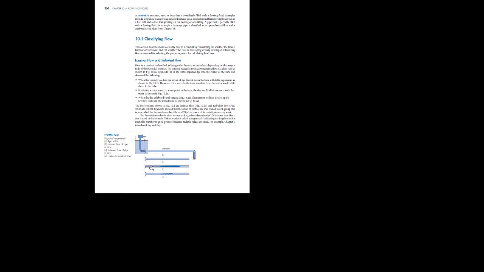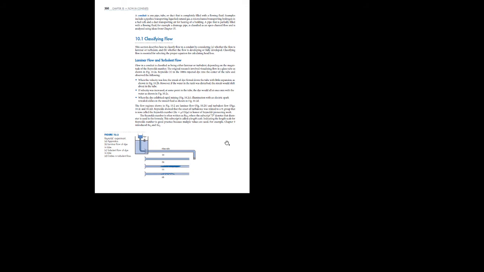But if the velocity is higher, or the pipe diameter is wider, and the fluid is thinner, meaning lower viscosity, then the pattern is more like this.